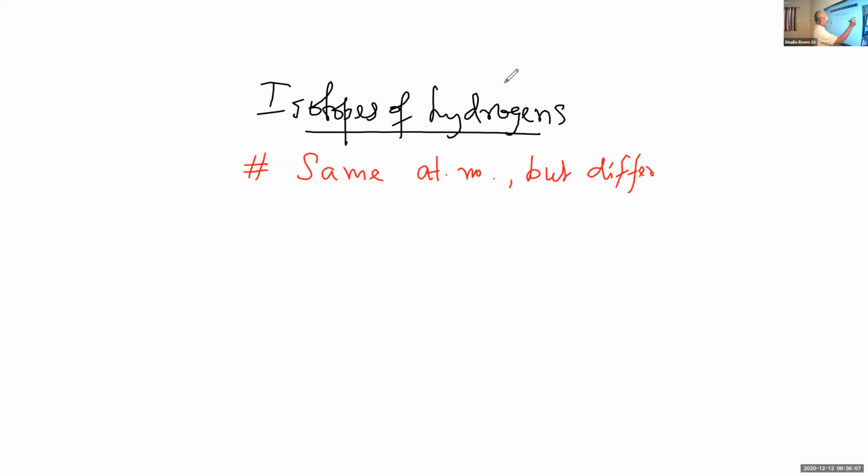Same atomic number means same element. So these are different atoms of the same element with different masses.